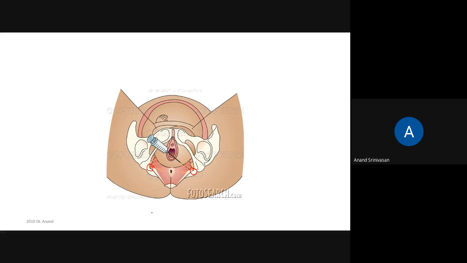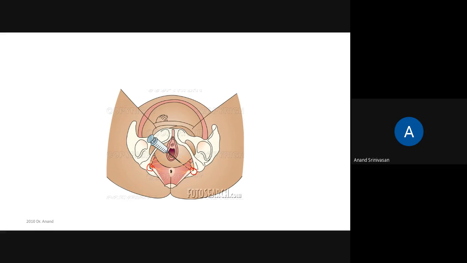But how do I know where the pudendal nerve is? For this, you need to do a per vaginal examination and palpate the ischial spine. Then, using a needle, give the injection around the ischial spine, because the nerve comes out through this ischial spine.